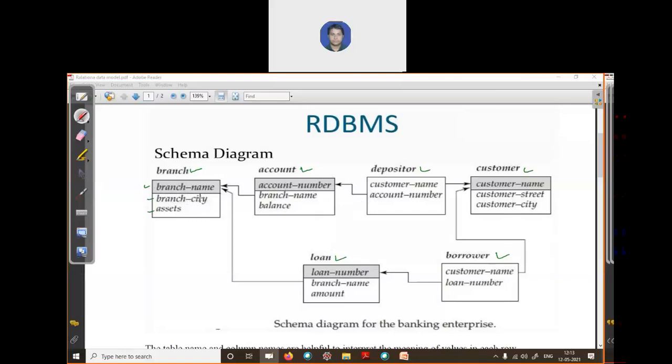All these six are the tables, and how are these tables related? In the form of arrows, you can see the relationships between these tables. So ultimately it is showing one database for a banking system.